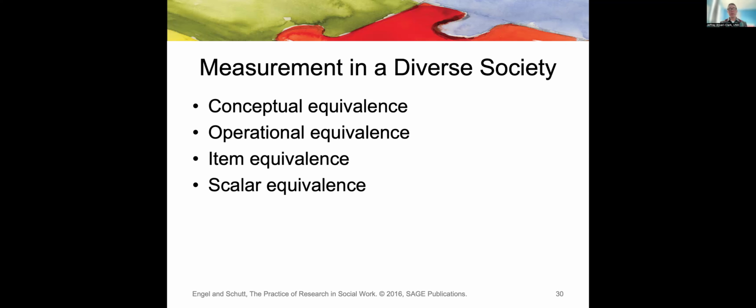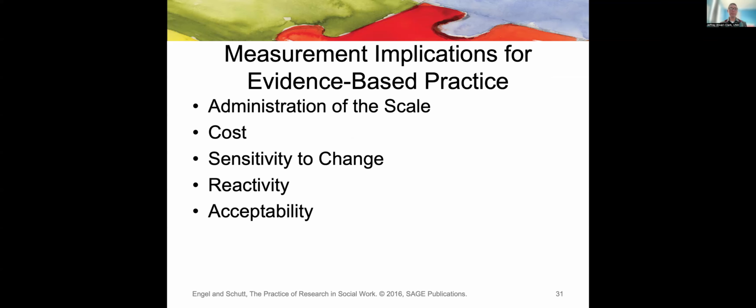You don't want to use it across groups unless you know that it has been tested and shown to work consistently. That's what we call invariant, meaning it doesn't change depending on whatever group is taking it. So that's where measurement invariance becomes a really important test.